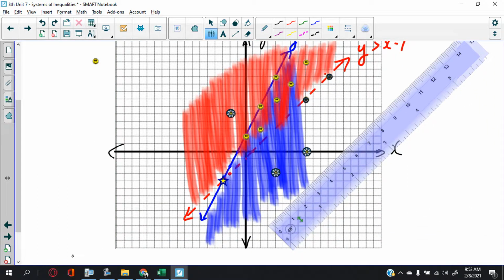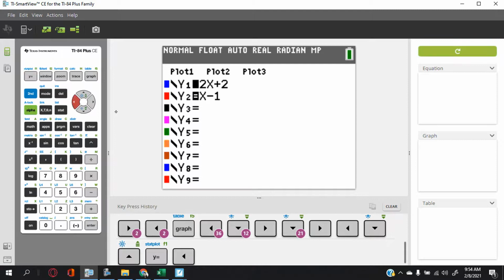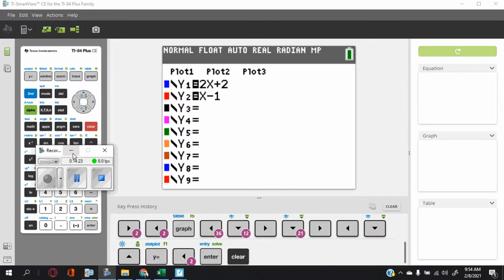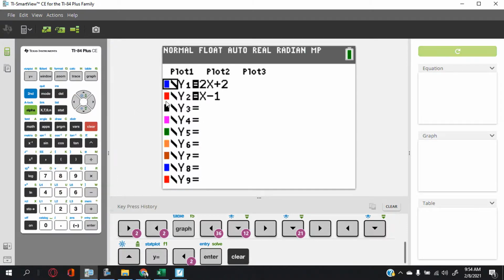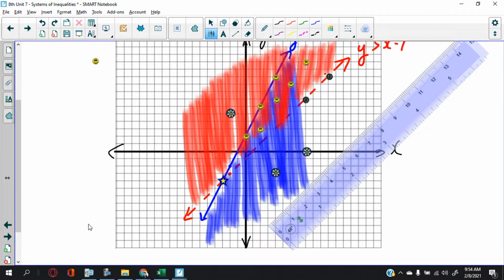Now, some of you might say, Mr. Ng, can we do that on the graphing calculator? Sure. If you go here and change the setting, hold on, I'm going to press pause just to make sure I remember how to do that. If you go to the box here and press enter, it'll let you change whether it's greater than or less than.